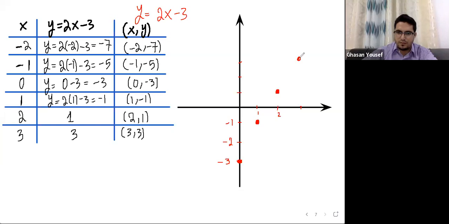This is that point, and the same for the -1 and -5. I have -1 here, -5 around here.